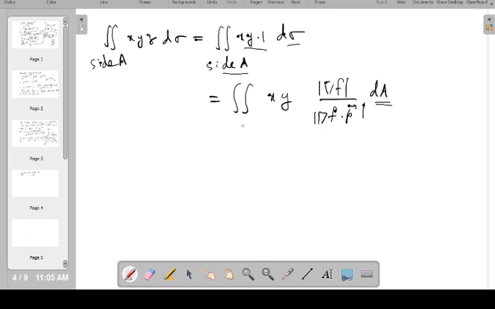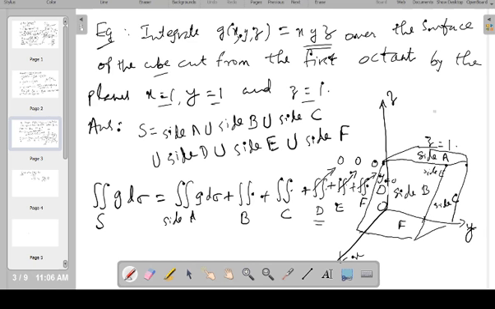Double integral. What is the shadow region of side A? If you are applying a torch from here, the shadow region of side A will be this square in the bottom. That means the side F. So that is your shadow region.